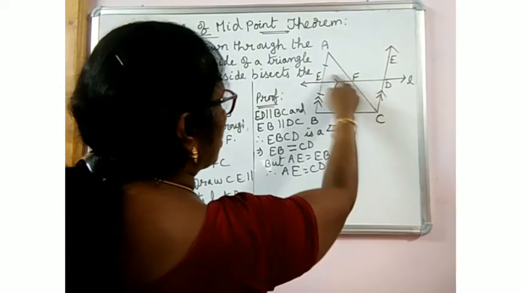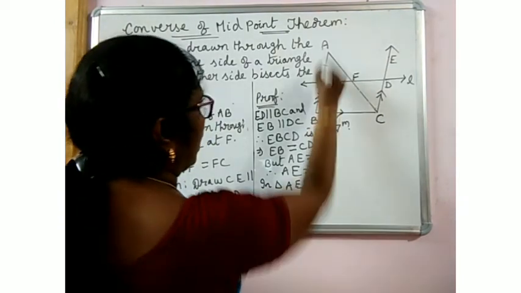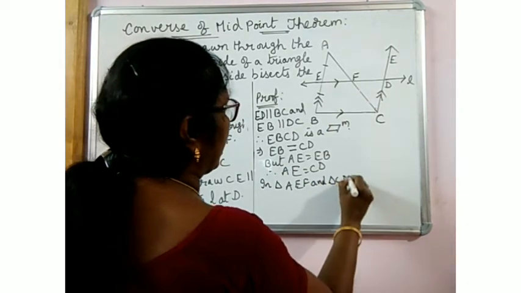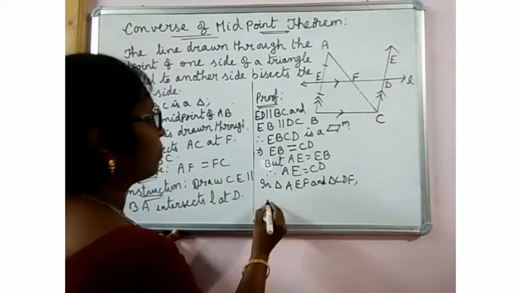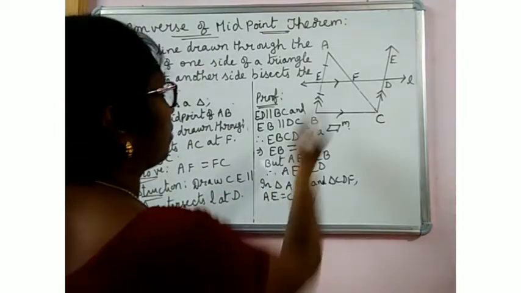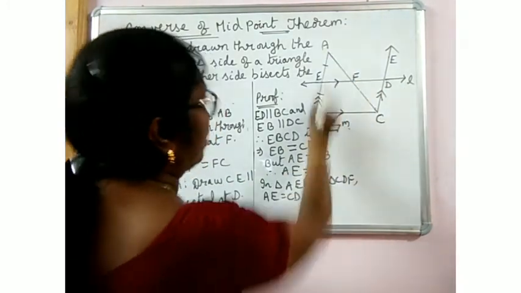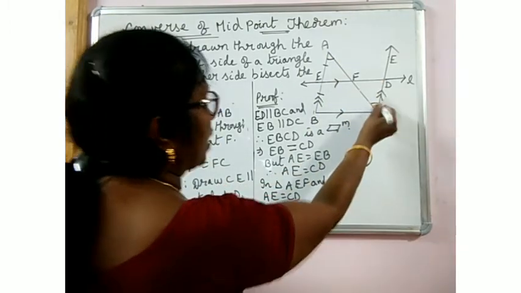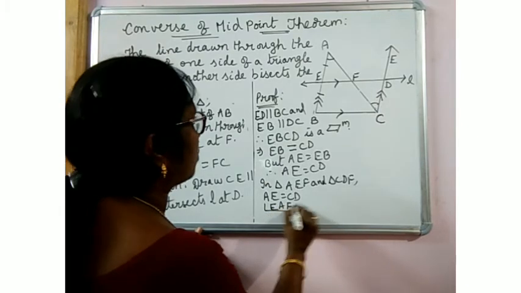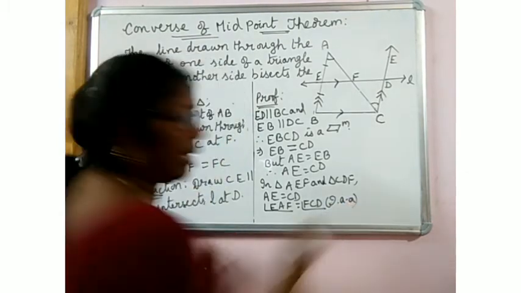Now let us make these two triangles congruent. In triangle AEF and triangle CDF, just now we got AE is equal to CD. And as these two lines are parallel, these two are interior alternate angles, that is angle EAF is equal to angle FCD because they are interior alternate angles.